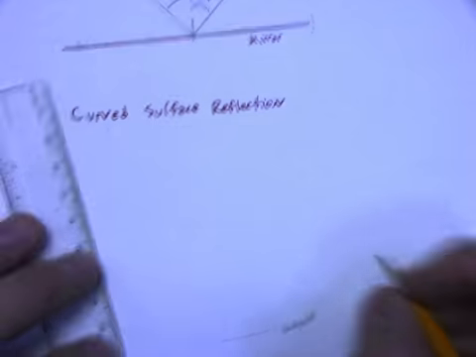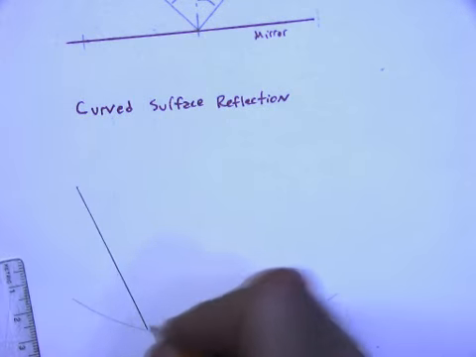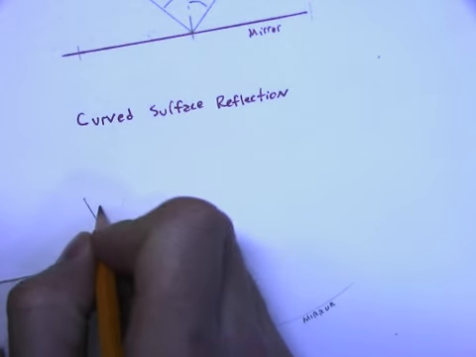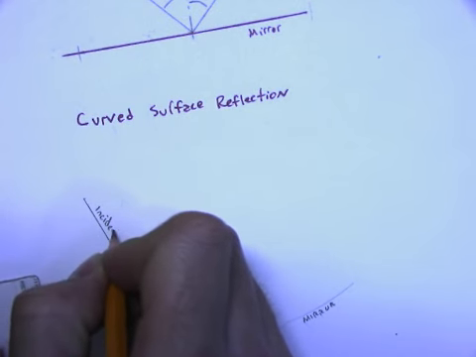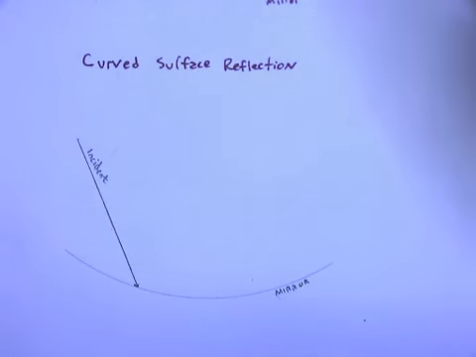And what if I had a light ray, in this case, comes in, strikes it like this. This is my incident ray. How do I figure out how it bounces off here?